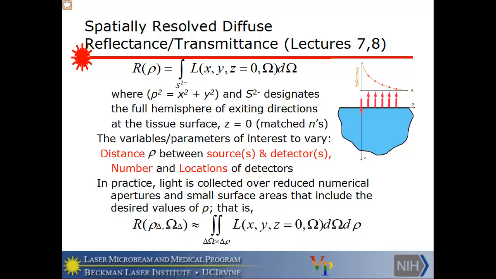So that's going to be a function of the size of the detection geometry. So that's spatially resolved diffuse reflectance, or transmittance in the case that when the light goes through the tissue and you capture the light all the way at the other end.